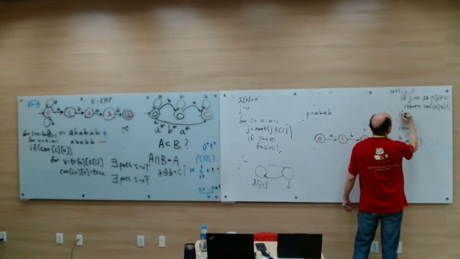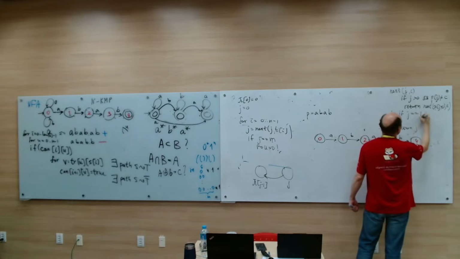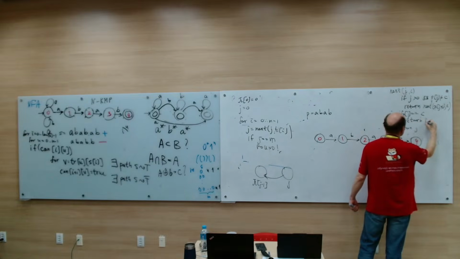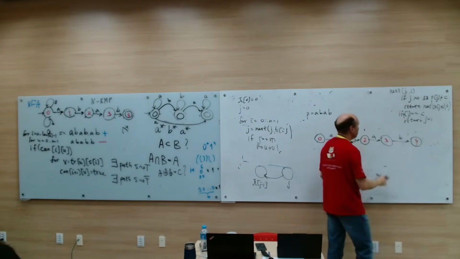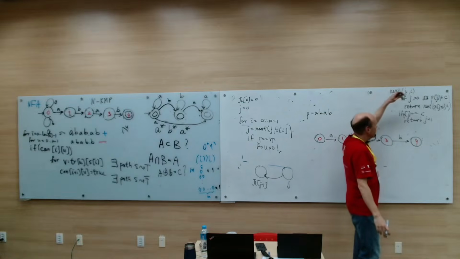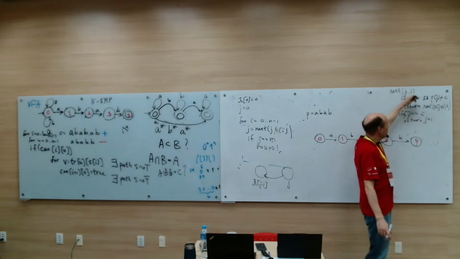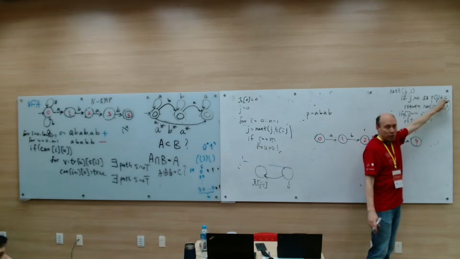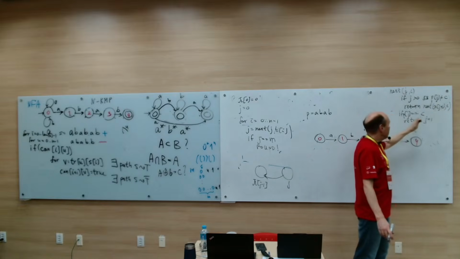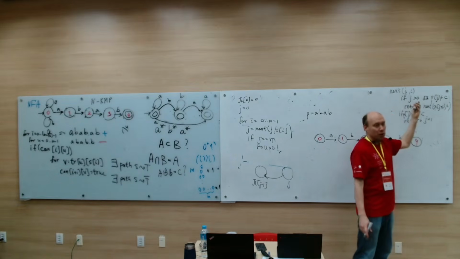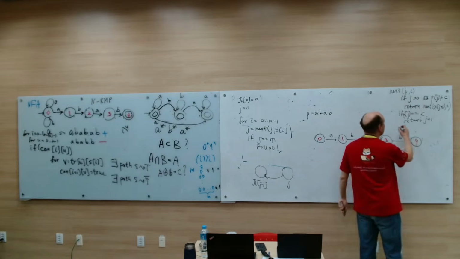Else, if p of j is equal to c, return j plus 1. And the final situation is that neither happened, so j must be 0. So return 0.